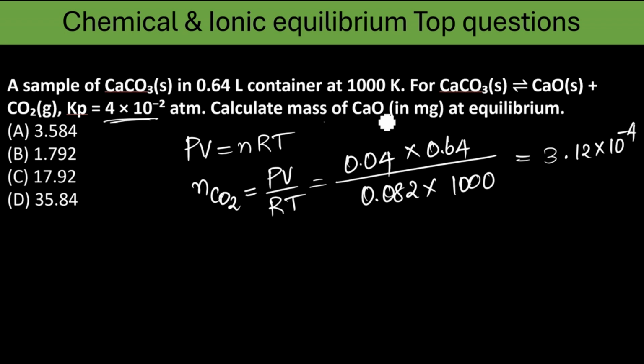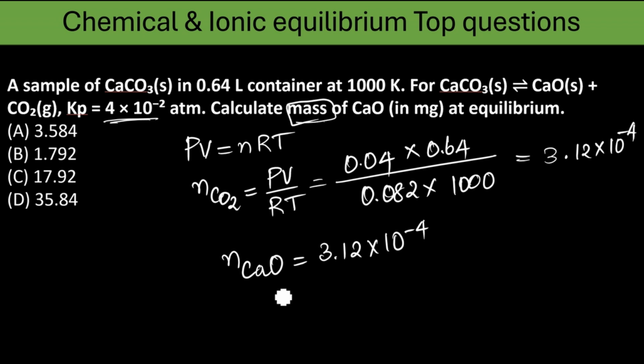What they are asking is the mass of calcium oxide. For that, look at the stoichiometry ratio. CO2 to calcium oxide is in a 1:1 ratio, so 1 mole of CO2 formed equals 1 mole of calcium oxide formed. So the number of moles of calcium oxide is also 3.12 into 10 to the power minus 4.